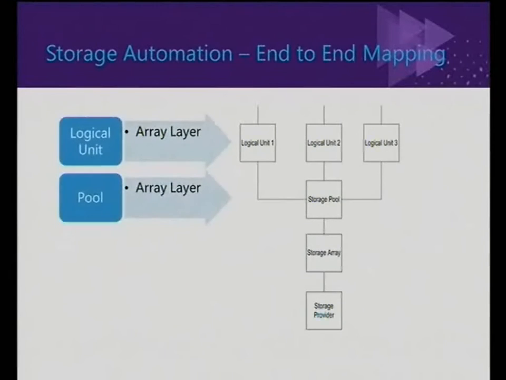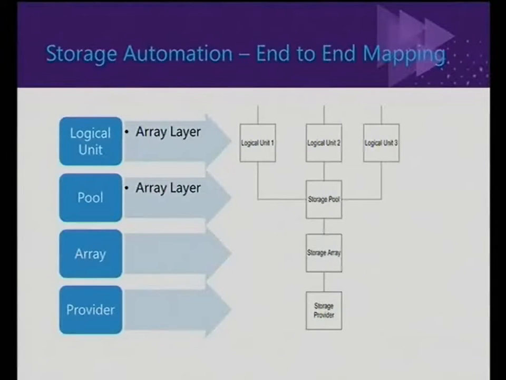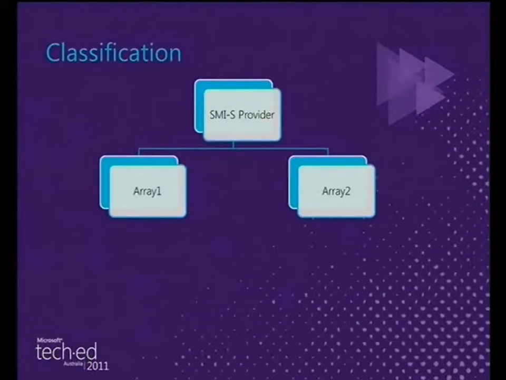You can go down to the logical unit, then to the pool, then to the array, and to the provider. So System Center will tell you where the problem is, because you have connectivity from System Center to the storage, just because of the SMI-S provider or the custom provider for the load balancer.